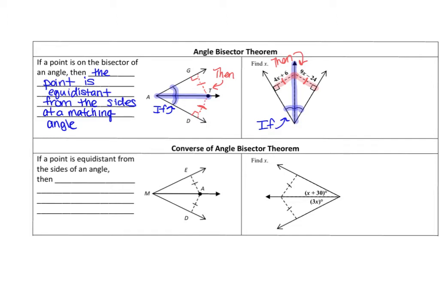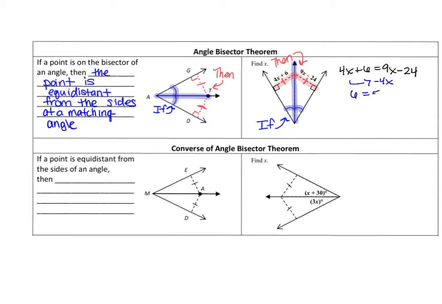So if I am trying to solve for x, and I know that the distance from the bisector to this side and the bisector to this side, or ray, is equidistant, that means these two things are equal to each other. So to solve for x, you set those expressions equal to each other and solve. So first I would subtract the 4x to the other side.